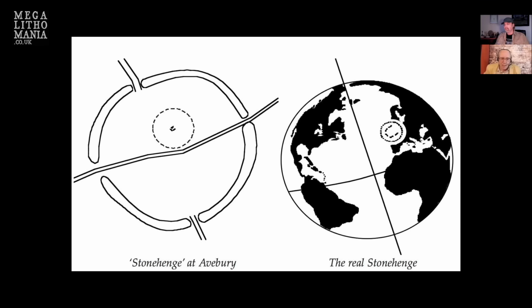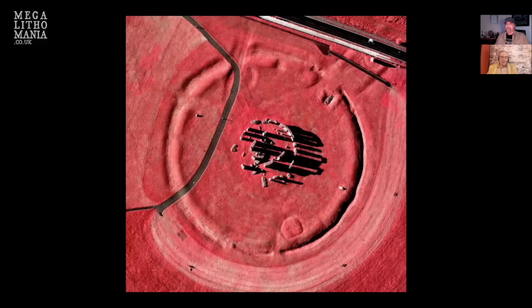Here we are, we can see the image of Stonehenge from above, not looking at the sarsen circle, which you see there, but it's more difficult to see. Inside the sarsen circle, you'll see a sort of C shape, a half an ellipse, and that's the element that I was thinking is encoded into the Avebury circle.